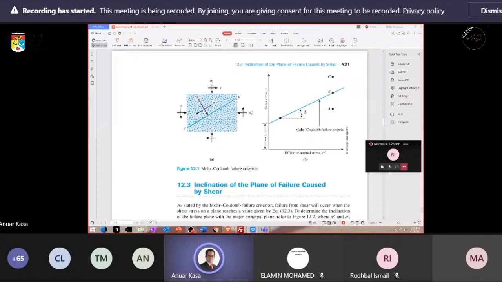So this is what we are going to do, especially in the direct shear test and also the triaxial test, just to find the maximum shear stress that the soil can handle. So in general, it is about that.